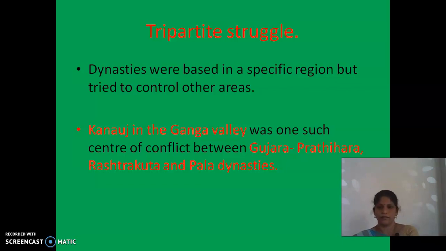So that is called the tripartite struggle. One particular prized area was the city of Kanauj in the Ganga valley. For centuries, rulers belonging to the Gurjara Pratihara, Rashtrakuta and Pala dynasties fought for control over Kanauj. Because there were three parties in this long-drawn conflict, historians often describe it as the tripartite struggle.